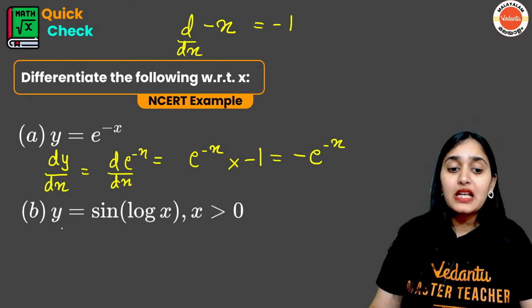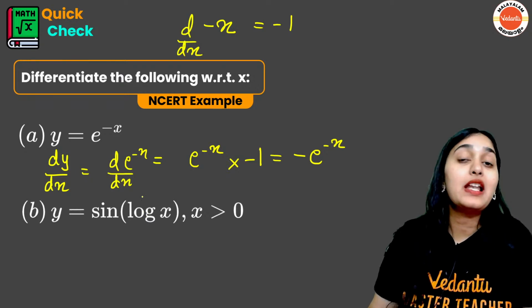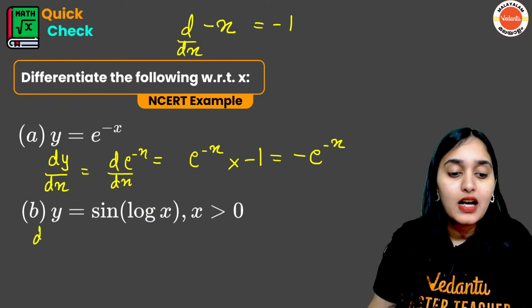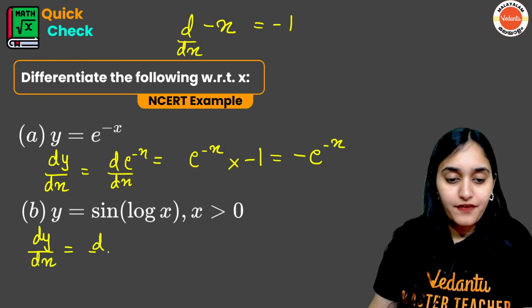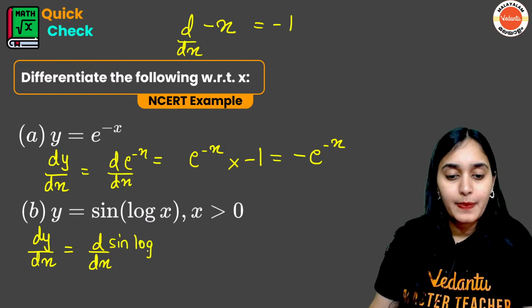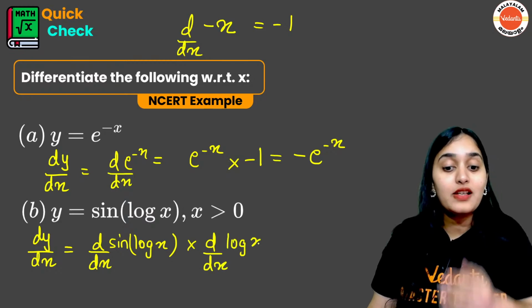Similarly, what is differentiation of sine log x? We will apply the chain rule. So dy by dx is differentiation of sin x multiplied by differentiation of log x, because that is the chain rule.